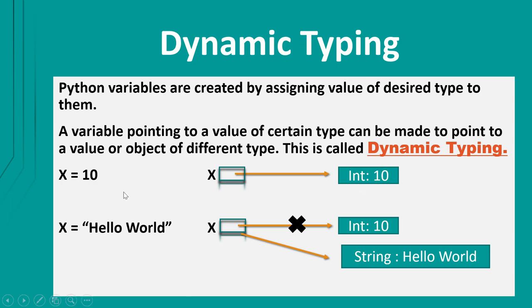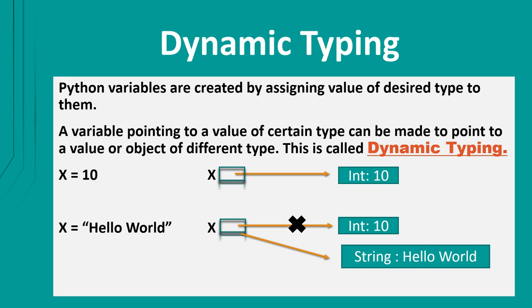Later, when we assign the value hello world to this variable x, it becomes a string data type because hello world is a string. So x breaks the link to the integer value 10 and now points to the string value hello world. The type is decided by the value the variable is going to hold.